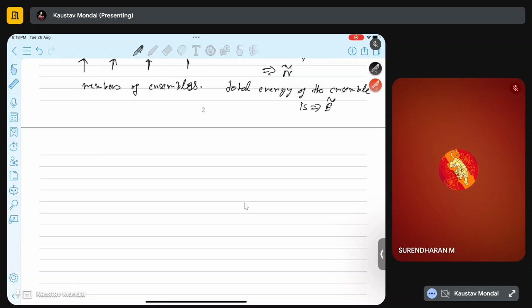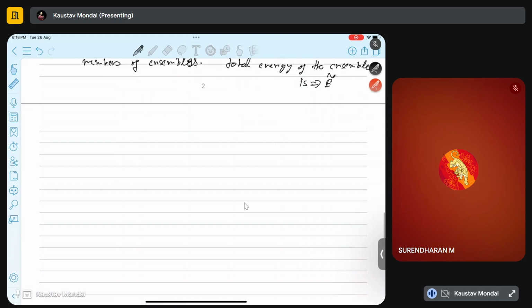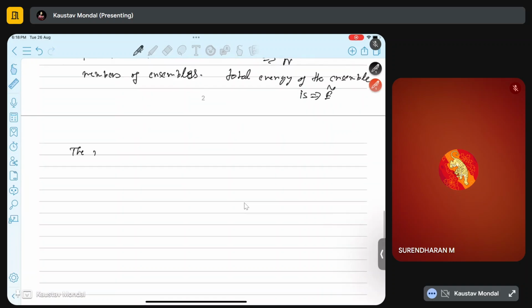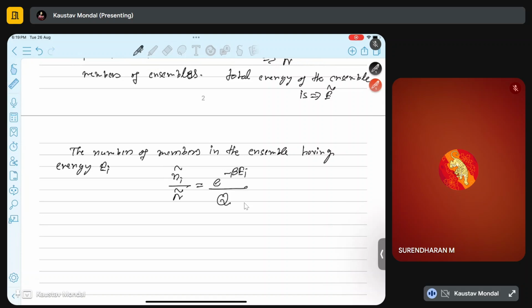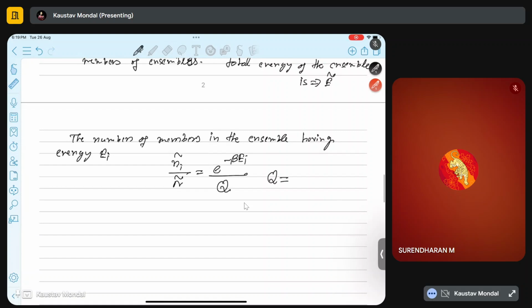In that case, we found that the number of members in the ensemble having energy Ei, Ni tilde, divided by N tilde, the total number of members in the ensemble, equals e to the power minus beta Ei by capital Q. Capital Q is the canonical partition function.